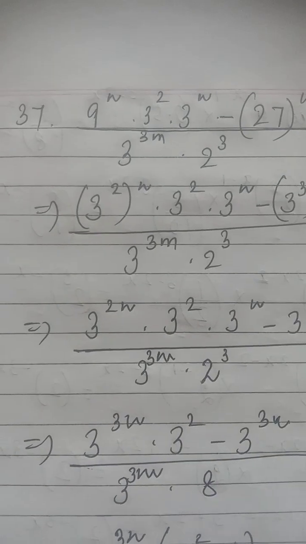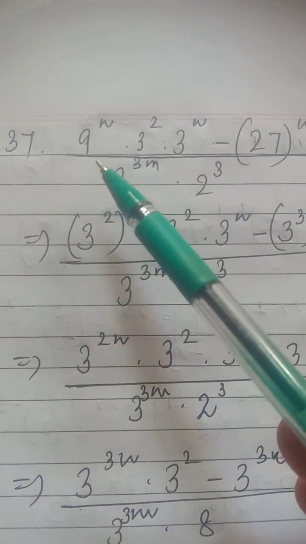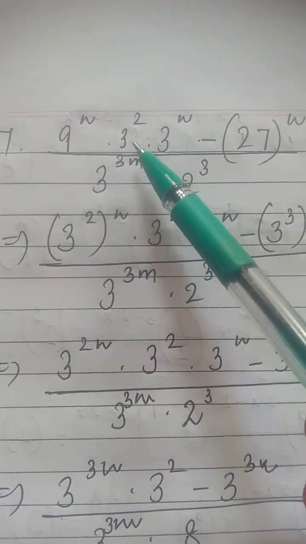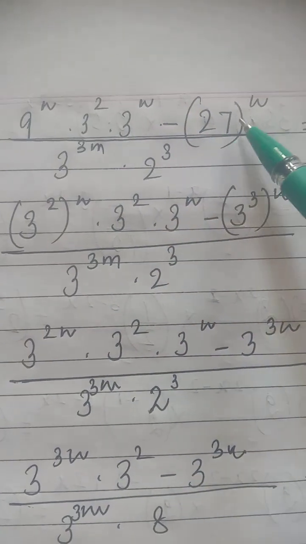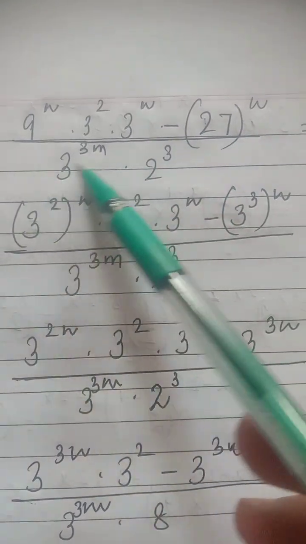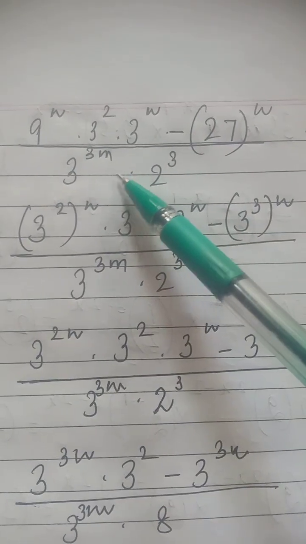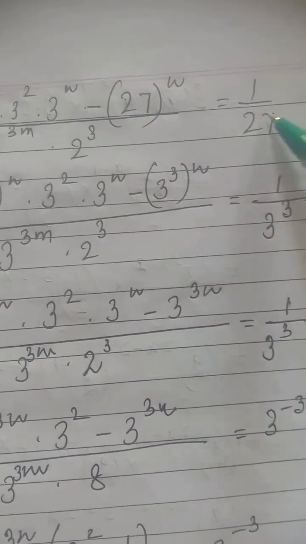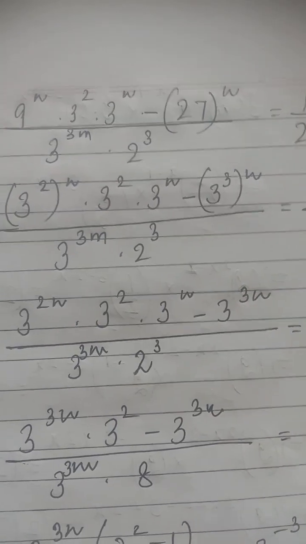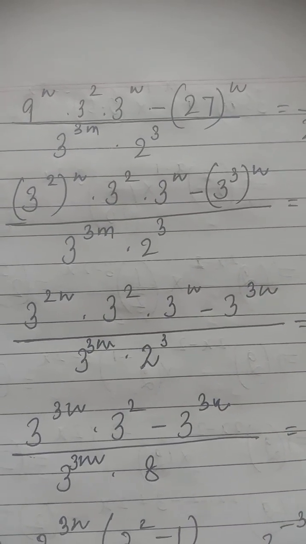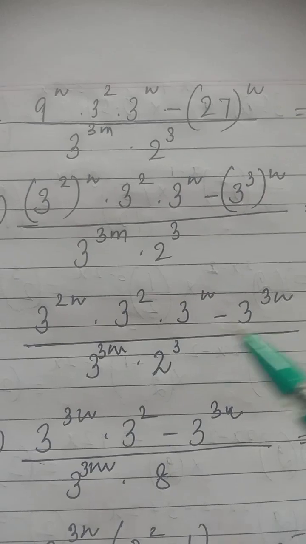Now question number 37 is (9 to the power n into 3 square into 3 to the power n minus 27 to the power n) by (3 to the power 3n into 2 cube) equals to 1 by 27. Now you have to simplify this to prove m equals to 1 plus n.